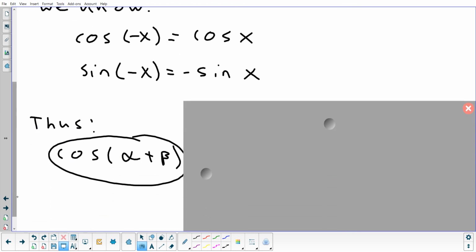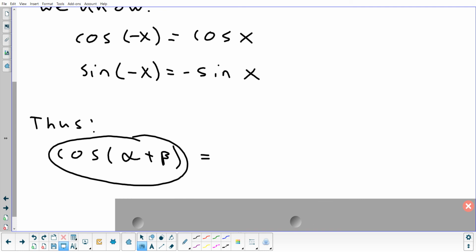So, let's think about what this is going to be. We're trying to figure out what the cosine of a sum is. What's the only identity that we've learned today so far? The cosine difference.